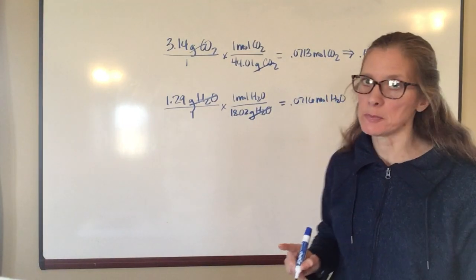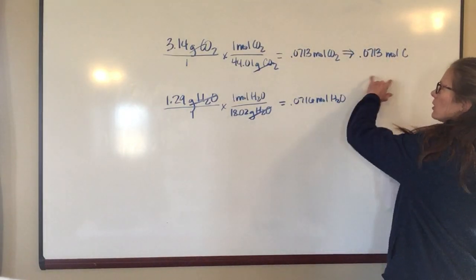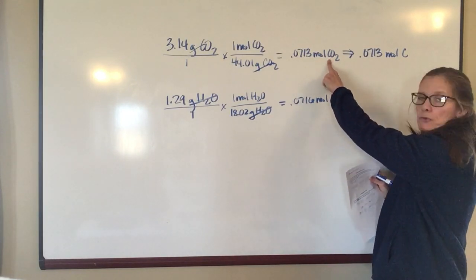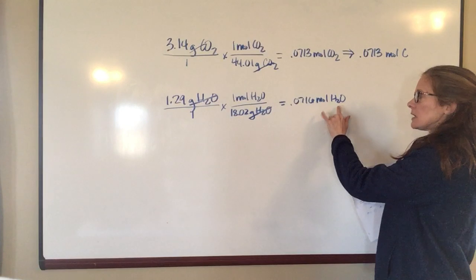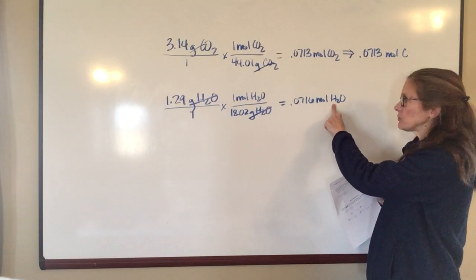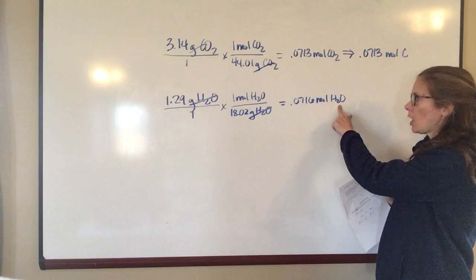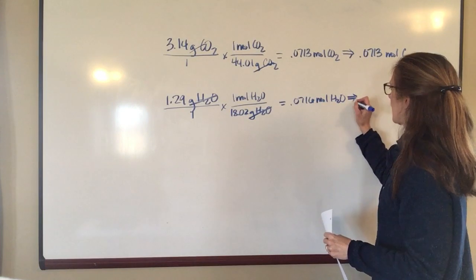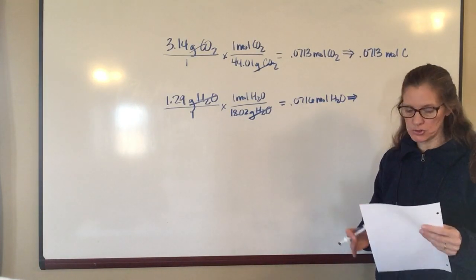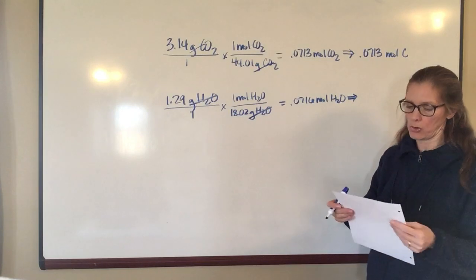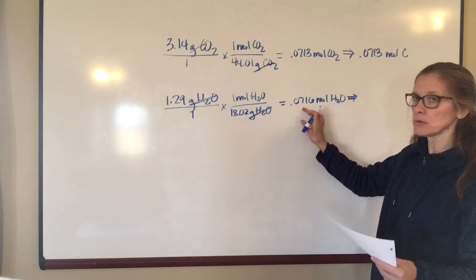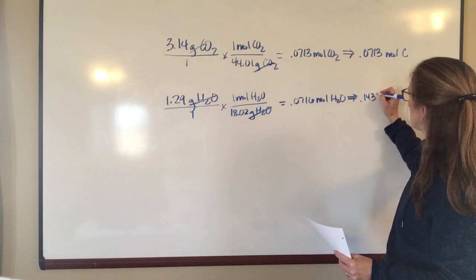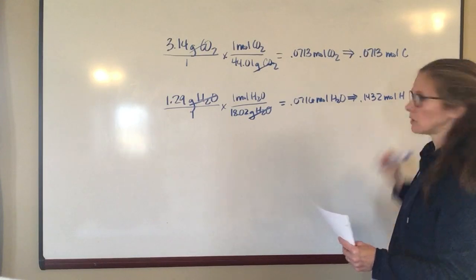Now, I have to be careful, because up here, the ratio of carbon to carbon dioxide is 1-to-1, because the subscript for carbon in carbon dioxide is 1. In water, I'm looking only at the hydrogen, but this subscript is 2. So if I know how many moles of water I have, that tells me I have twice as many moles of hydrogen, because there are 2 moles of hydrogen in every mole of water. So if I take 0.0716 and multiply that by 2, that gives me 0.1432 moles of hydrogen.